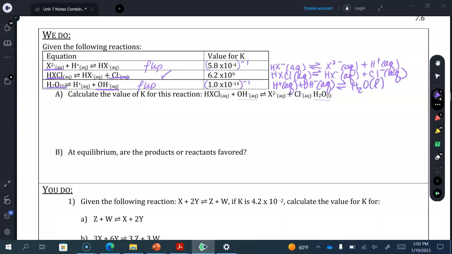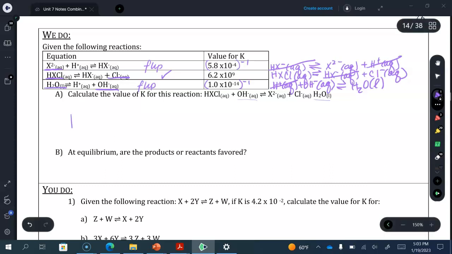Now that we have this, we can cancel what cancels, so it's the same on both sides. So the HX, the hydrogen ion, and that's it. Then we add it all together, and it does give us the overall reaction.